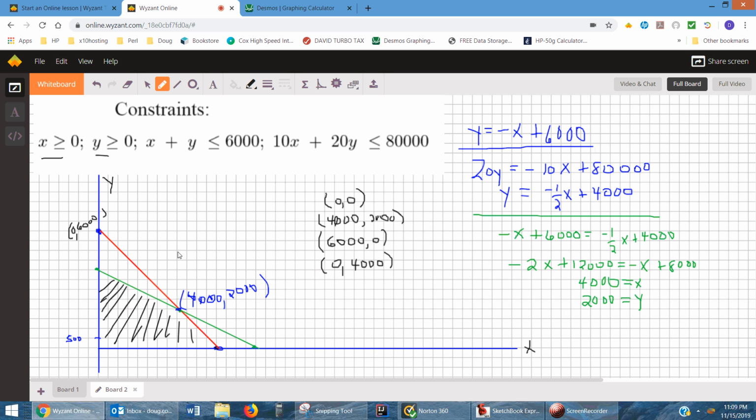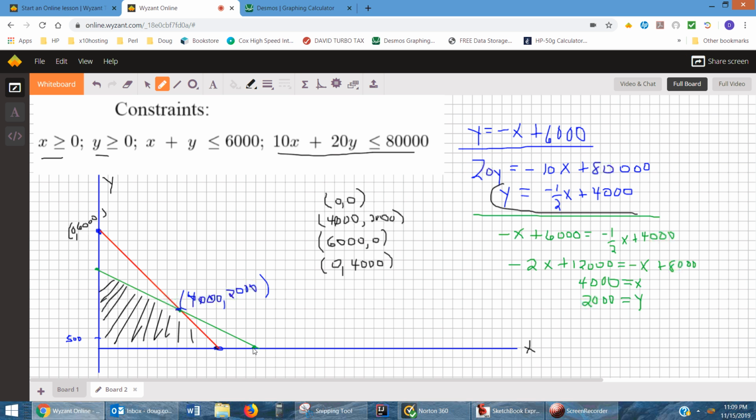The side of the red line to shade in is, of course, under that line, because if you pick the point 0, 0, it gives you a true statement. For the second border, I can solve for y, and I end up with this. And so the y-intercept is 4,000. The slope is -1/2, so over 2, down 1, over 2, down 1.